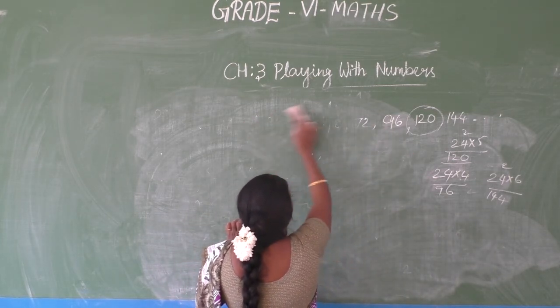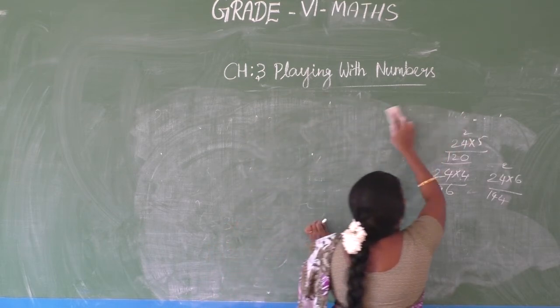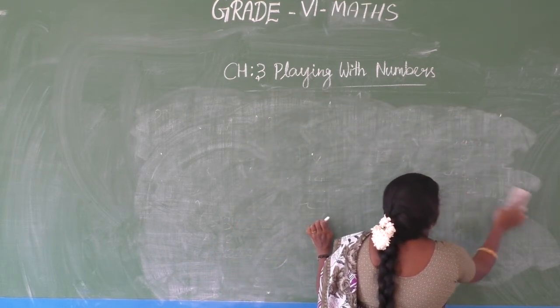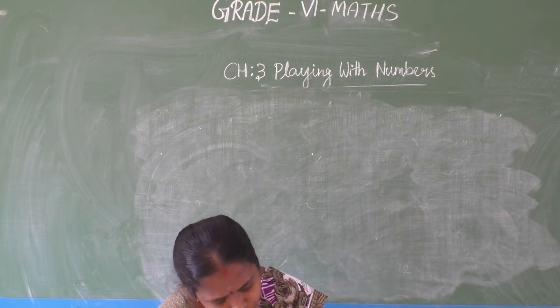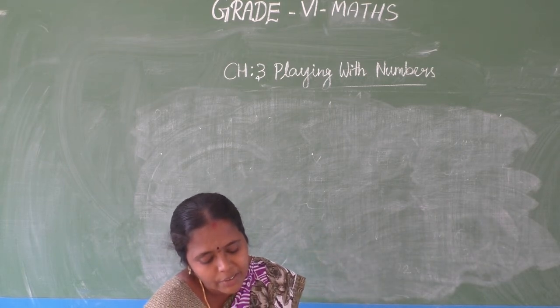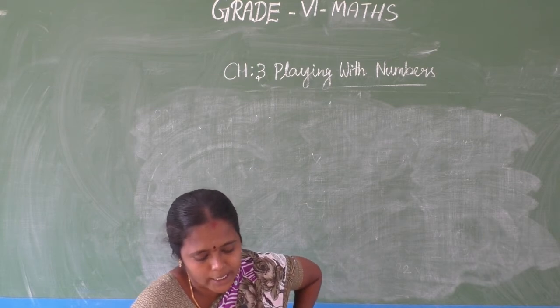What is the question? You have to select the least number which is divisible by 6, 15 and 18, leaving the remainder 5 in each case.